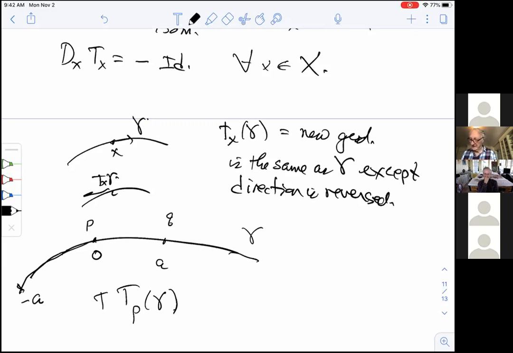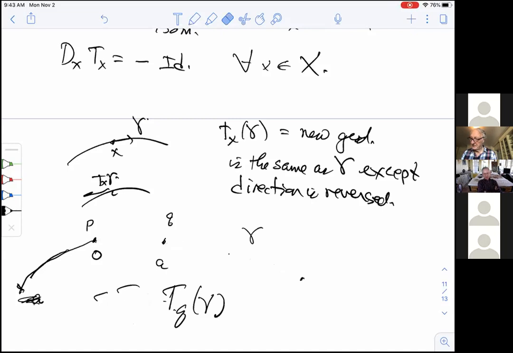And now take symmetry about Q of that. Maybe I shouldn't have done that. Sorry, making my life too complicated. Suppose I just do T_Q of gamma. Let's start over again.